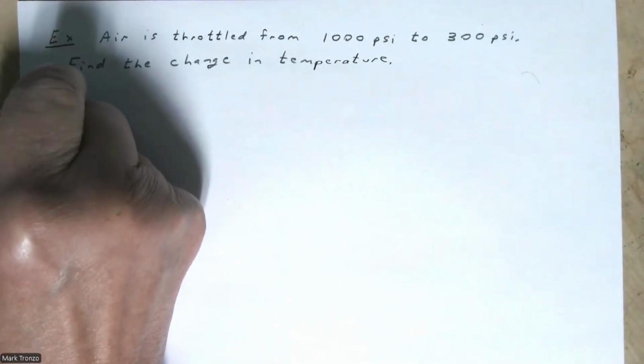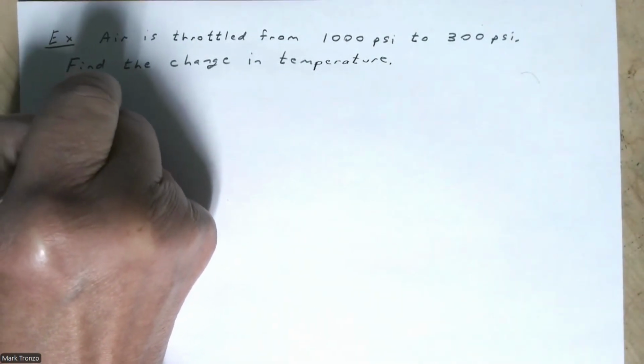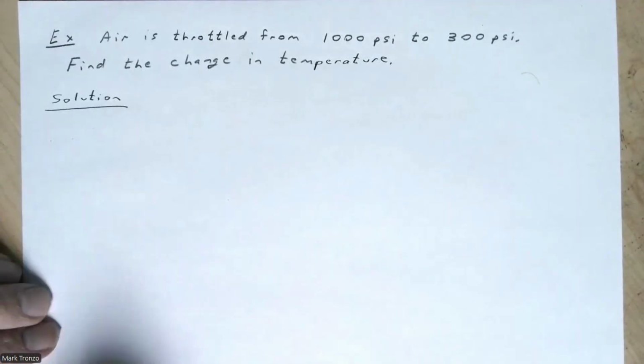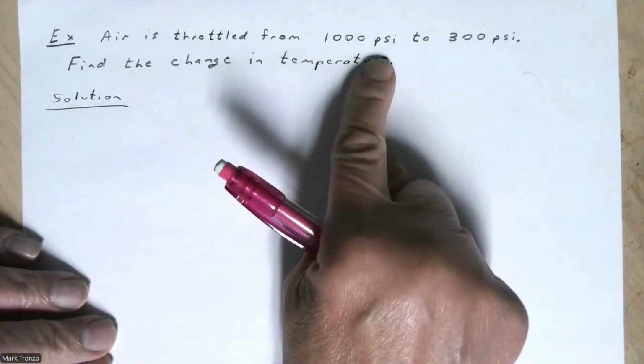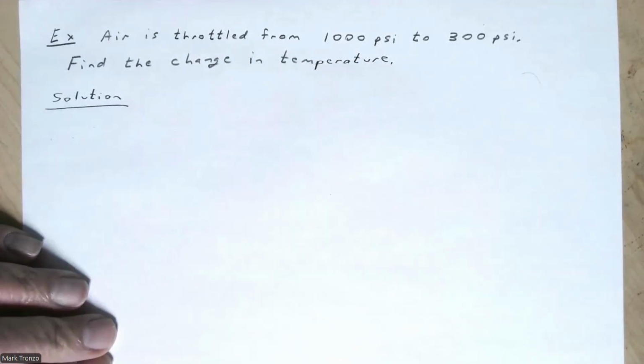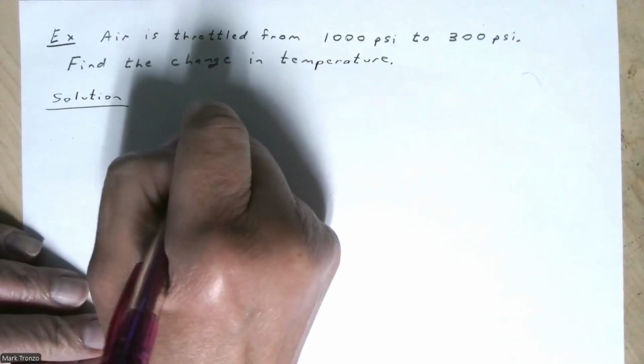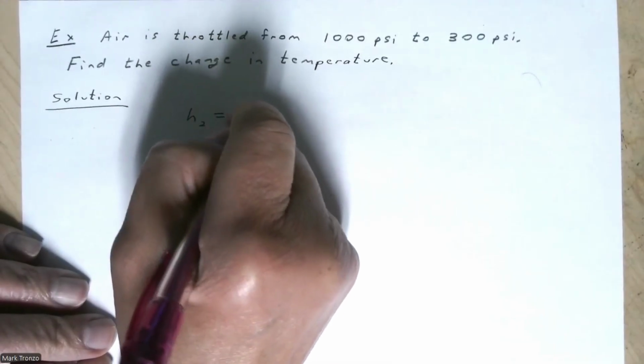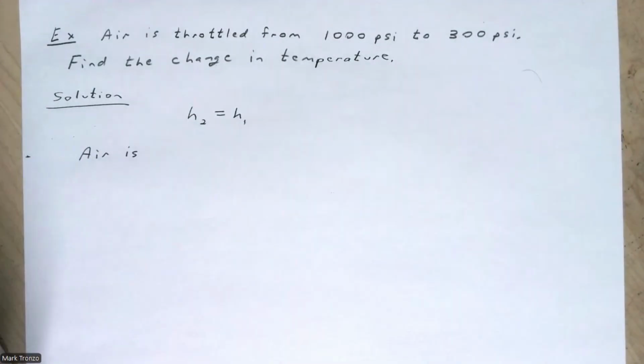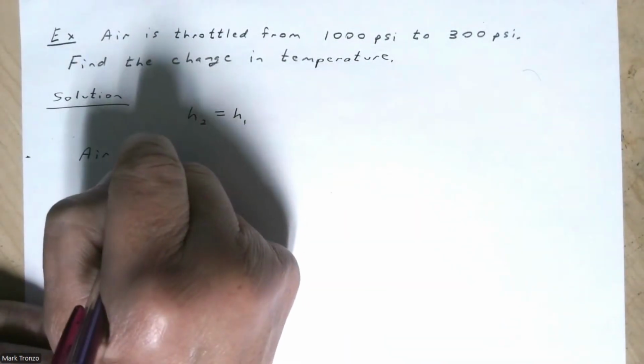So let's take a look at this problem. Air is throttled from 100 psi to 300 psi. Find the change in temperature. Now this one's kind of interesting. Again, remember H2 is equal to H1 for a throttling process. But air is an ideal gas.